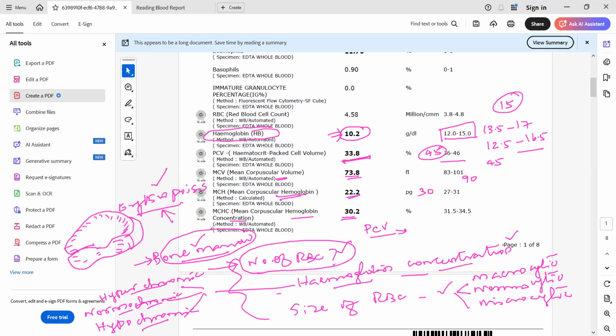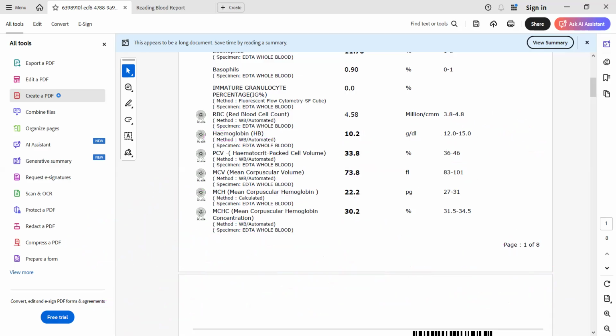So we'll have to explore all these areas. When you understand what the real problem is, instead of blindly saying you are anemic, take vitamin B12 or iron, you try to understand exactly what is what.